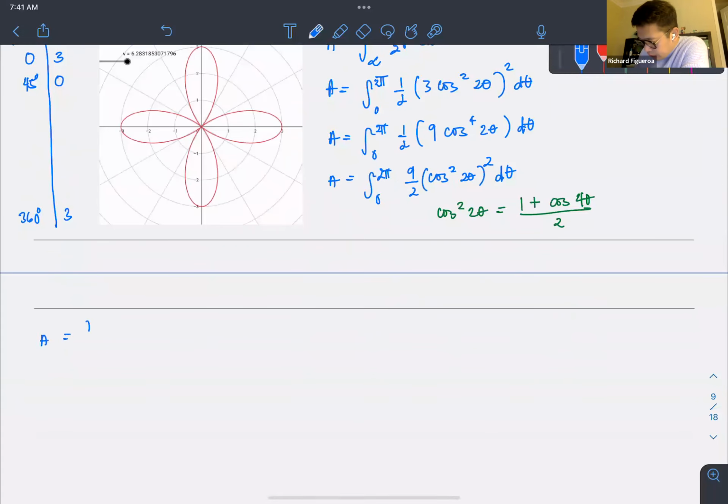So our area then would be from 0 to 2 pi, so 9 all over 2, then cosine squared will be 1 plus cosine 4 theta all over 2, then square it, d theta.